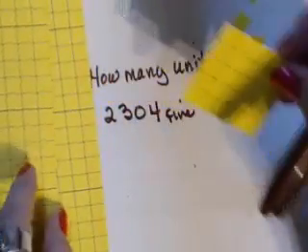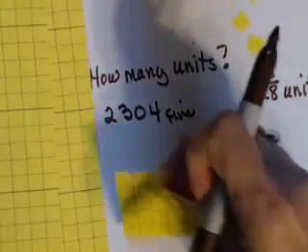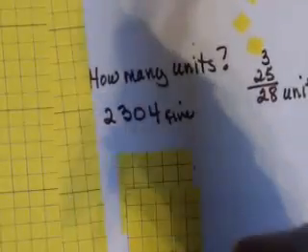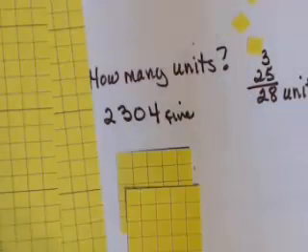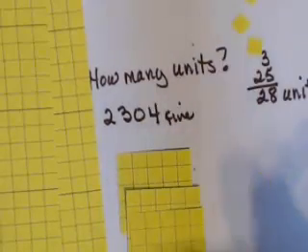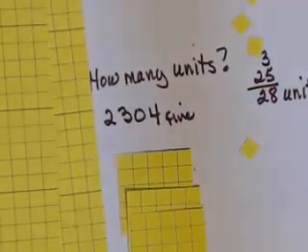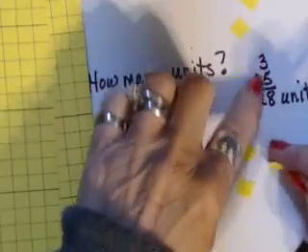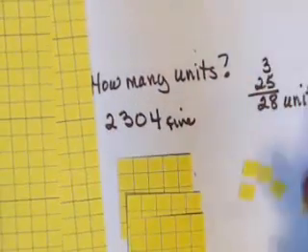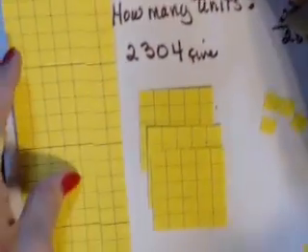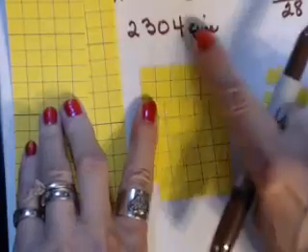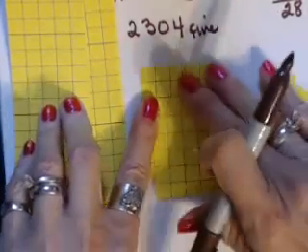We have 2 long flats, 3 flats, no longs, and 4 units. So 2 long flats, 3 flats, no longs, and 4 units.